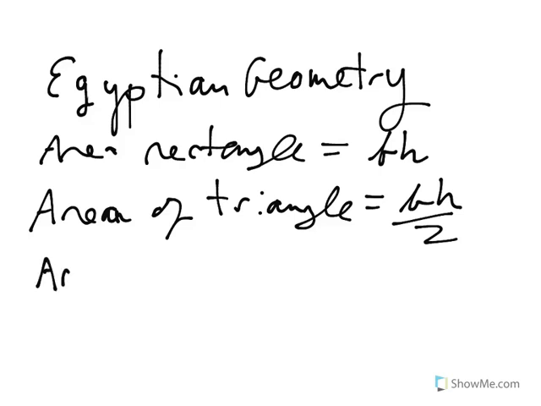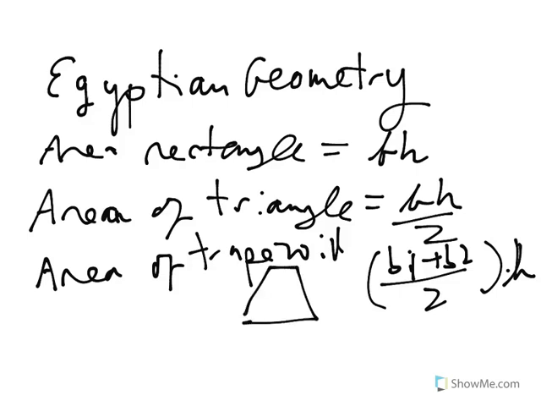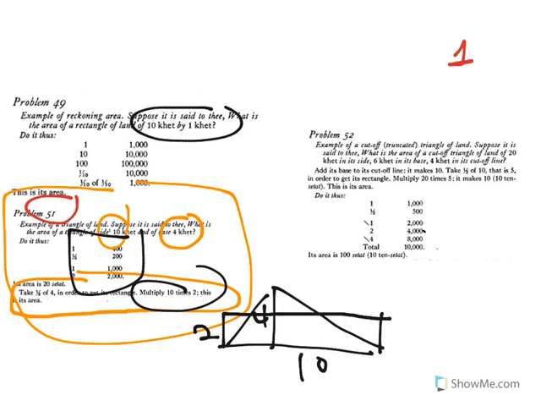They knew back then that the area of a trapezoid is base 1 plus base 2 over 2 times the height. There's our trapezoid. If you look back at question 52, they call it a cut-off, truncated triangle of land, but they are talking about a trapezoid. 20 is its side, 60 is its base, and 4 is its cut-off line.